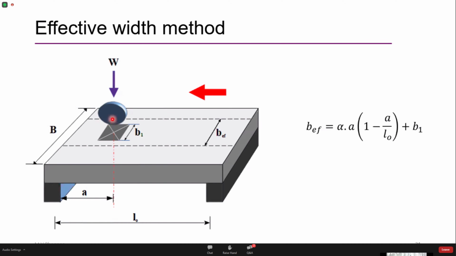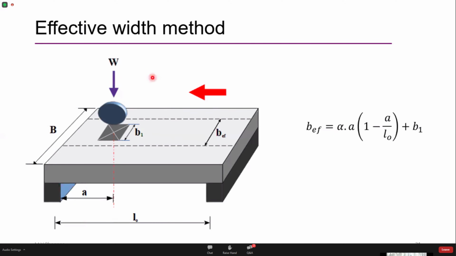So what we see here is that when the load is applied on the slab, the load gets dispersed along the length of the slab and across the length of the slab, that is, along the length and along the width of the slab. So what we need to do here is find out the effective length of the load along the span and the effective length of the load across the span. This is called the effective width method.